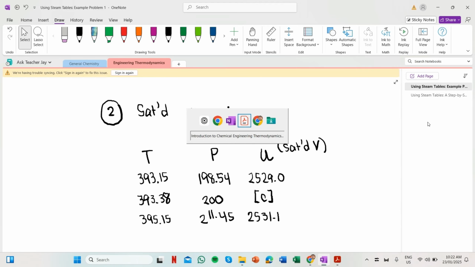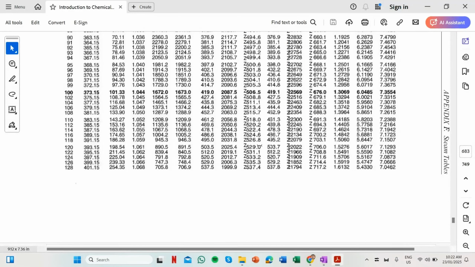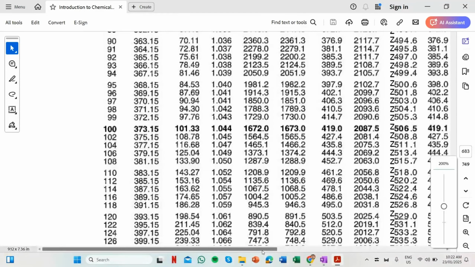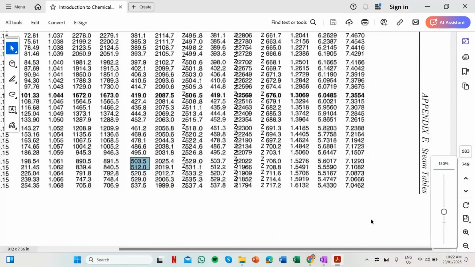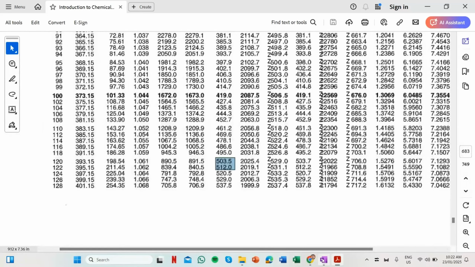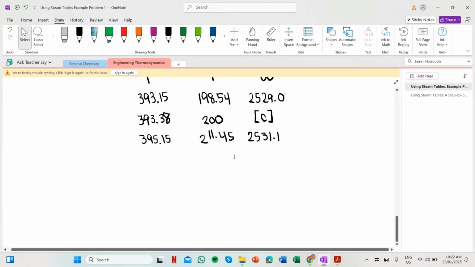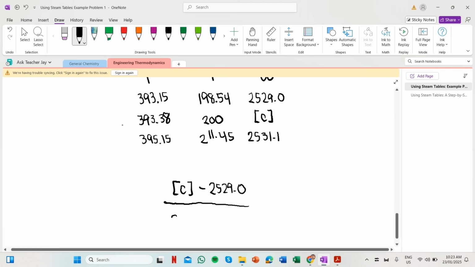Around this part, I'll zoom in a bit: 2529, and our data earlier was this. This is our saturated vapor data. So essentially, it's just easy reading off. You just need a lot of practice in getting the hang of reading tables that have a lot of numbers on them. So I'll solve for C.